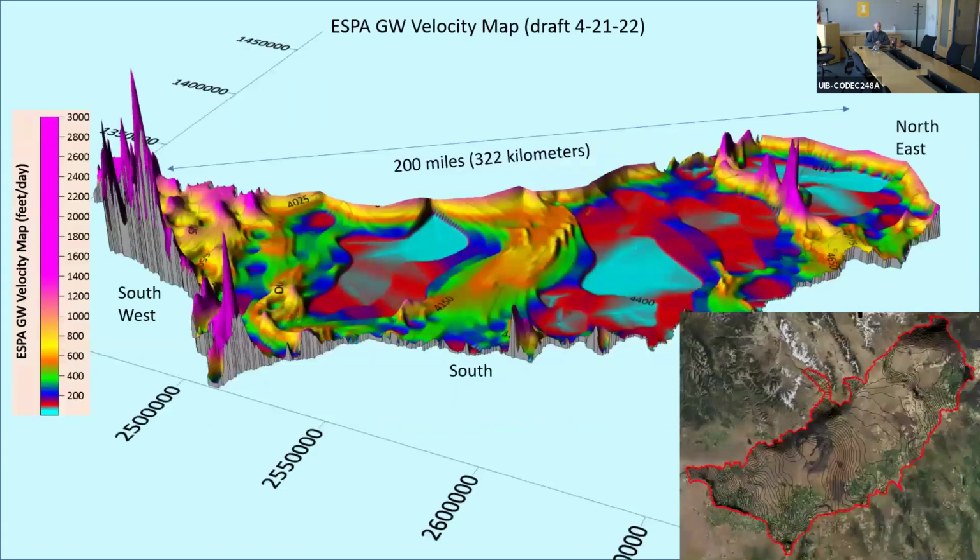Now if you know the gradient at the ESPA, and you can plug that into the equation for that relationship, then you can plot up the groundwater velocities of 10,000 square miles of basalt aquifer. Of course, there's an assumption that it has the same characteristics of fractured basalts down in the lower ESPA as fractured basalts through the rest of the ESPA.